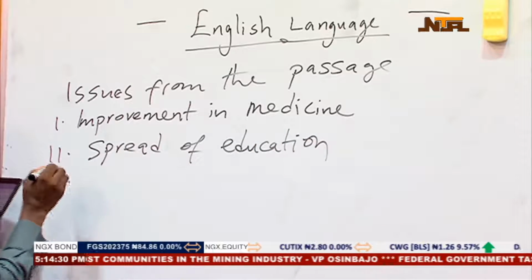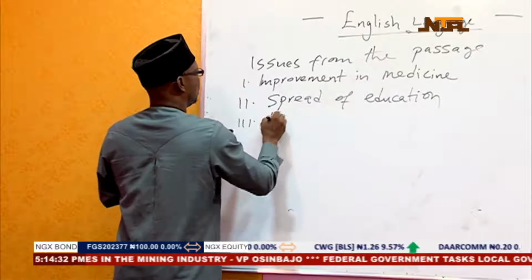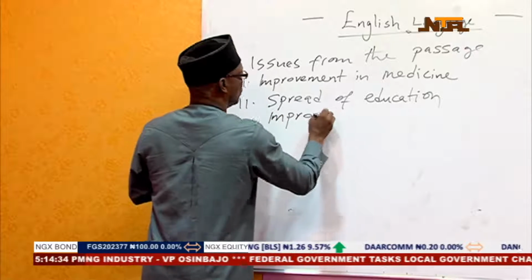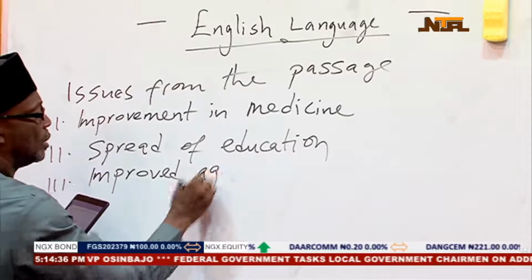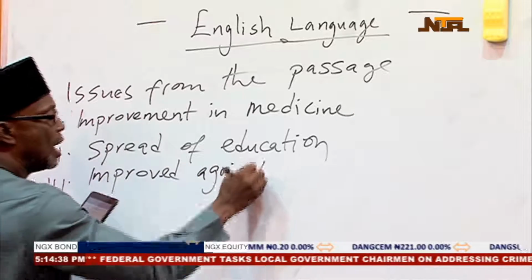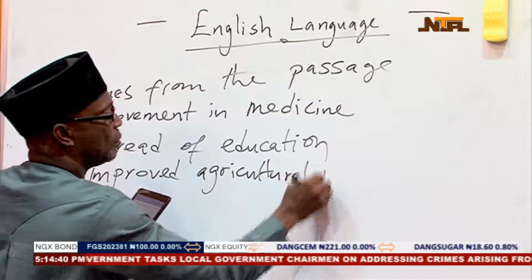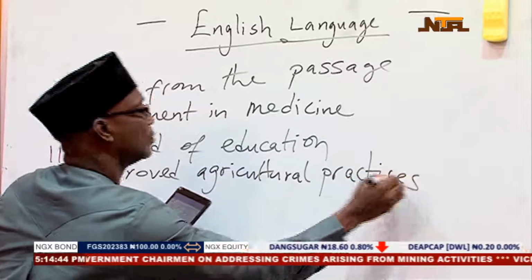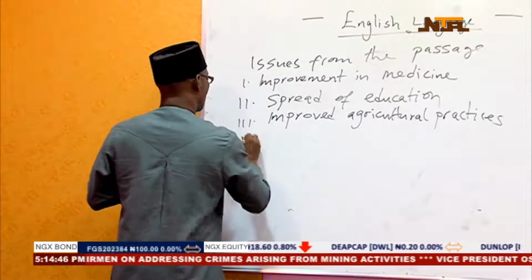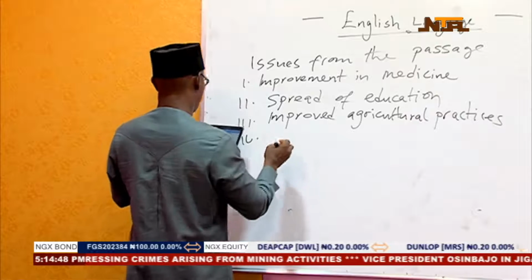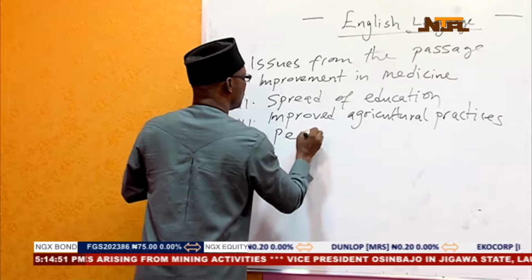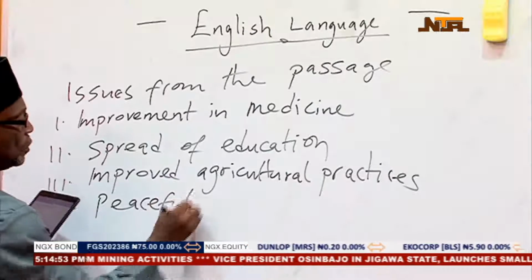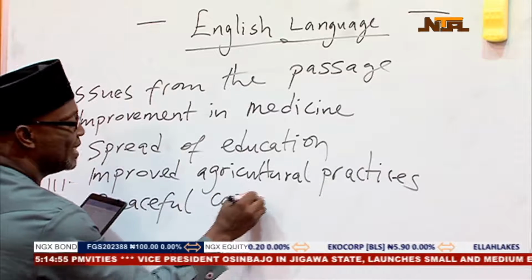Number 3, improved agricultural practices. Number 4, peaceful coexistence.